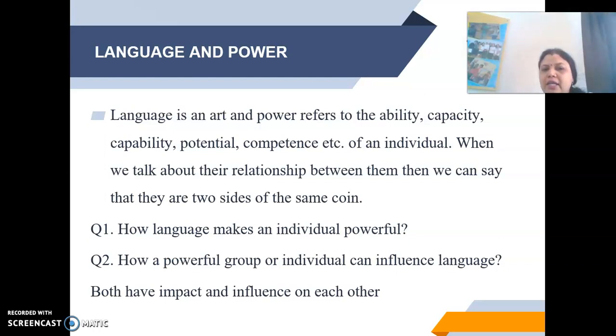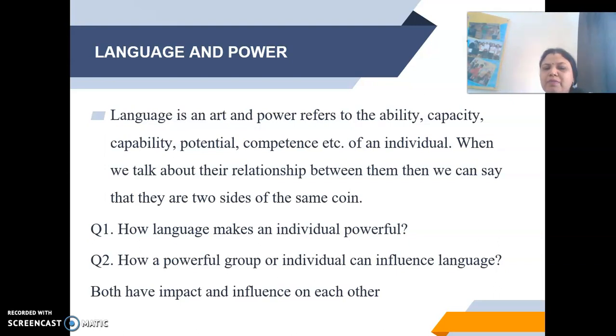Language is an art, and power refers to the ability, capacity, capability, potential and competence of an individual. When we talk about the relationship between them, we can say that they are two sides of the same coin, and one is incomplete in the absence of the other.